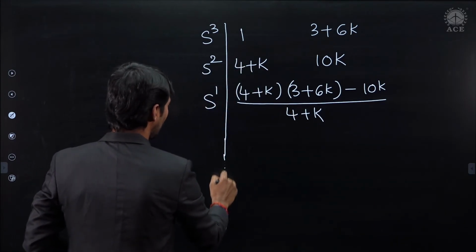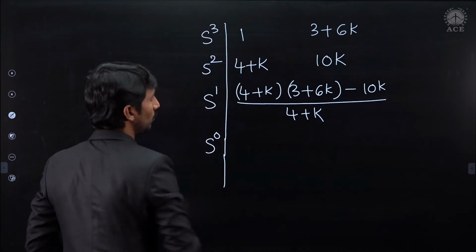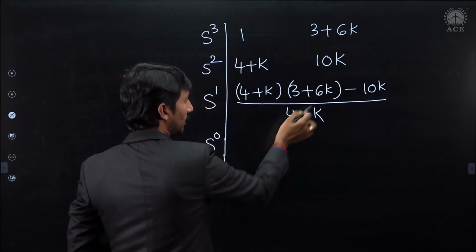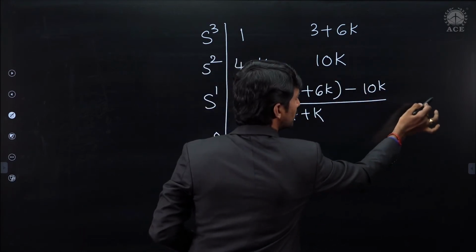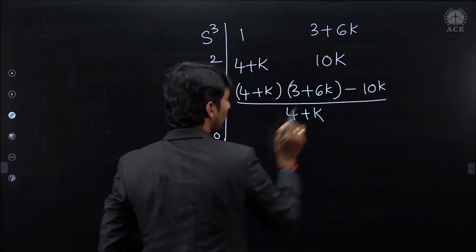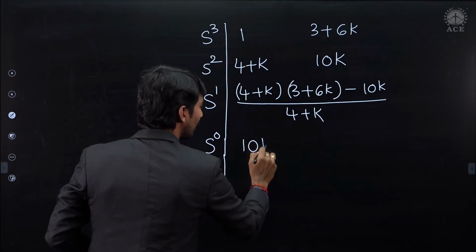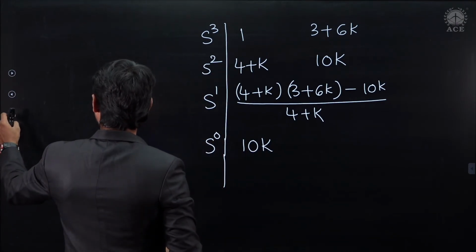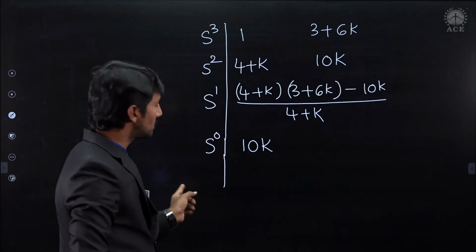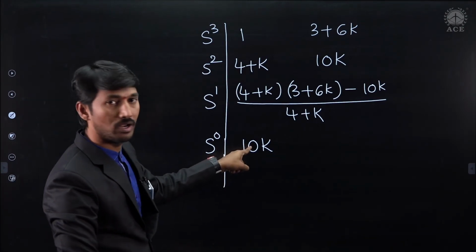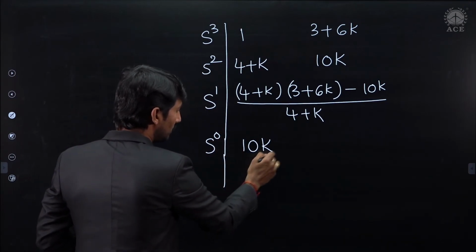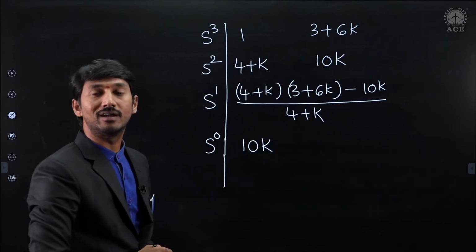After that, if you want to get the S power 0 row, this value into this, minus this into 0, divided by this entire value, so you are going to get the value as 10K. In order to have a stable system, the first column should not contain sign changes, so this 10K value must be greater than 0.